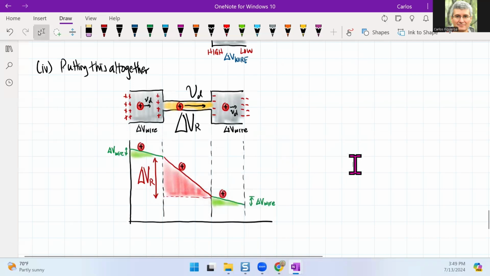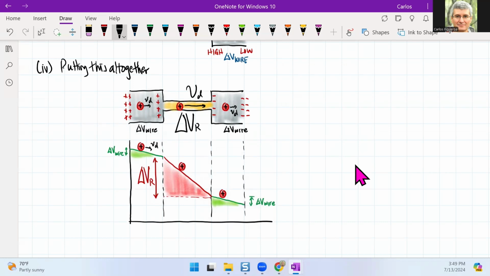Why is the drift velocity the way it is? Because this is going down a very low incline. And then when it gets to the resistor, it now has a high drift velocity because the incline is steep. And then here, this is a low incline, so therefore a smaller slope.